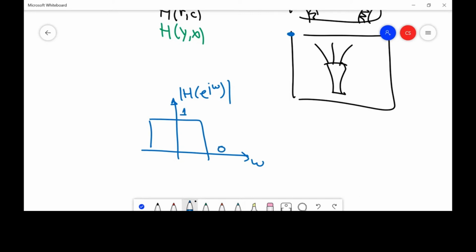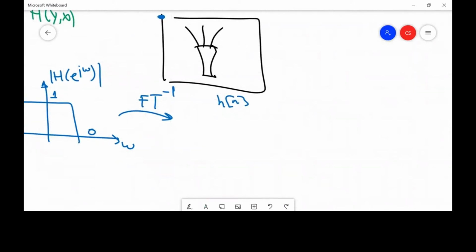And you know, when you do the inverse Fourier transform, what is that signal? It's the sinc. There is a small detail.